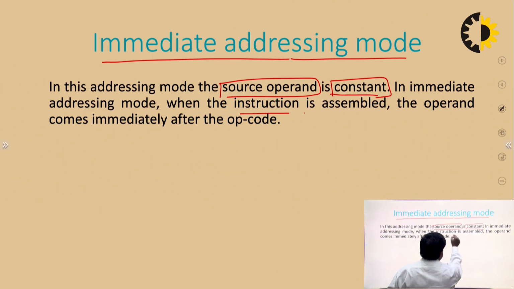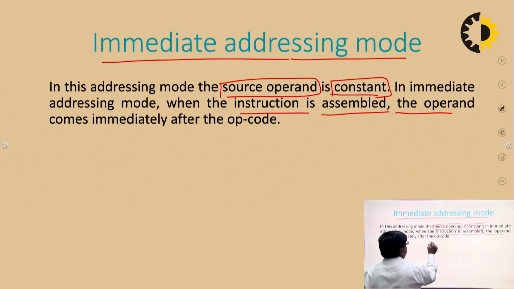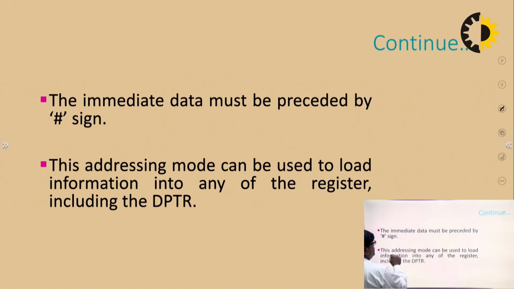When the instruction is assembled, the operand comes immediately after the opcode, and this constant is placed after this sign. Some books use this sign as well. Both signs are used in immediate addressing mode.